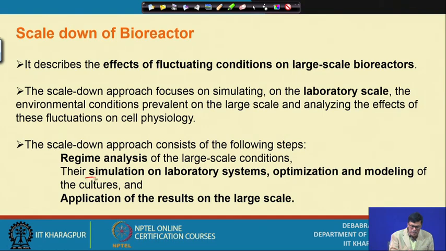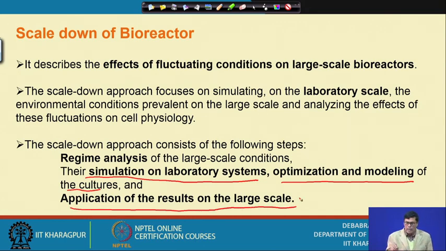Then come the simulation of the laboratory system, optimization and modeling of the culture that I have already mentioned, and application of the results on the large scale. Whatever good results we find in the small scale, we can then test in the larger scale.